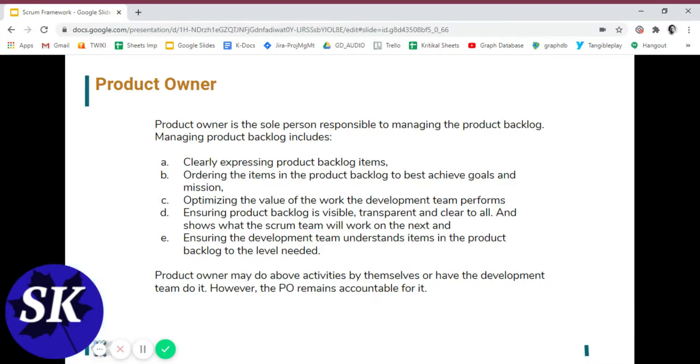Product backlog management includes clearly expressing product backlog items, ordering the items in the product backlog to best achieve goals and mission, optimizing the value of the work the development team performs, and ensuring that the product backlog is visible, transparent, and clear to all.